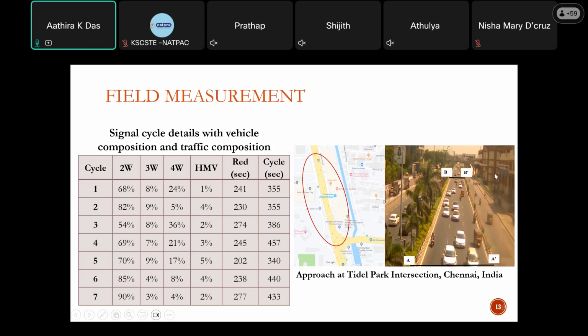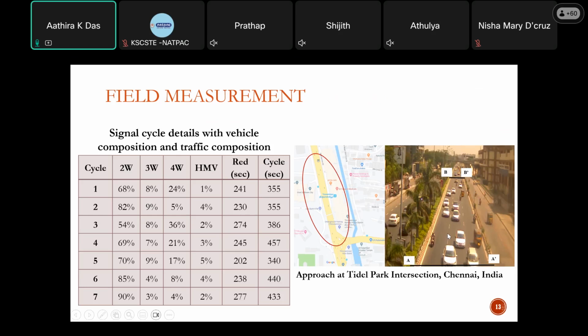So here what happens is, if we consider a signalized intersection at AA dash, and this is the upstream approach shown in the figure, when the signal turns red, the vehicles accumulate and fill the area between AA dash and BB dash.